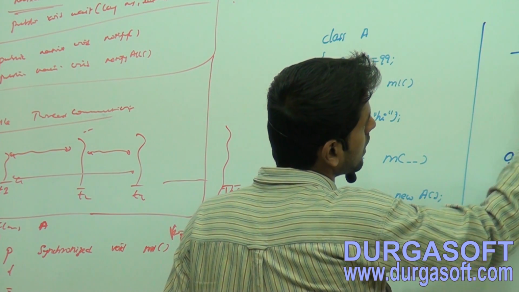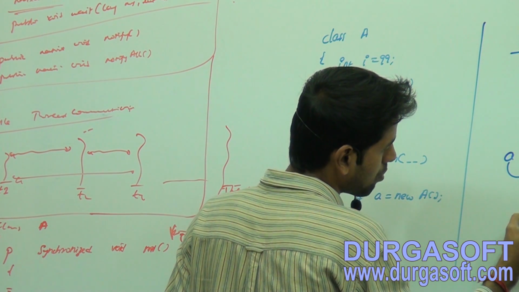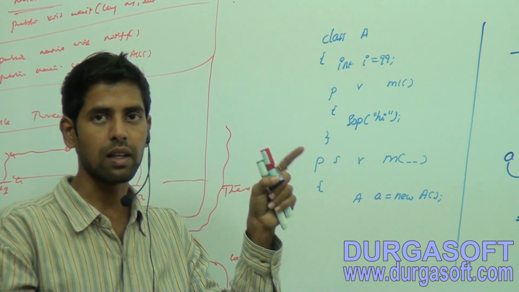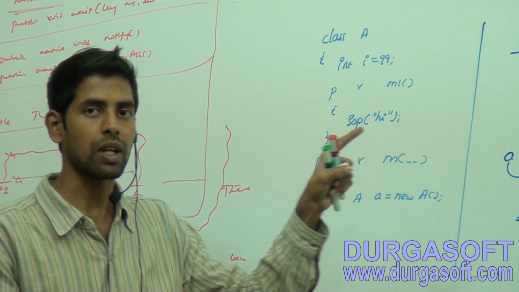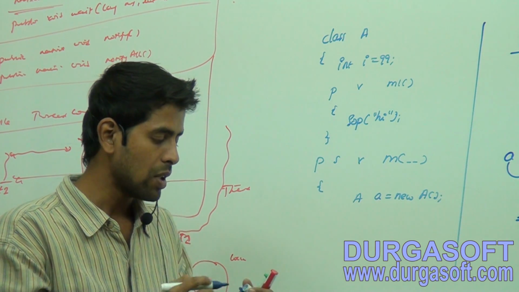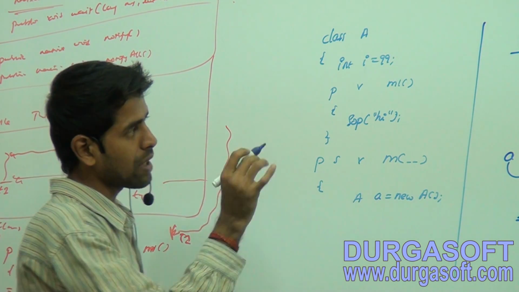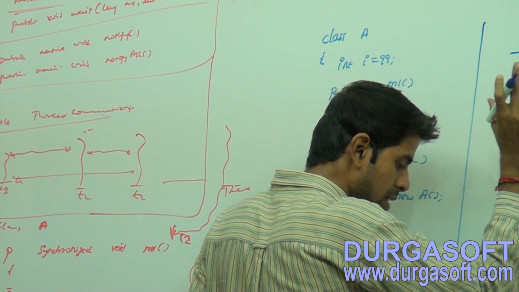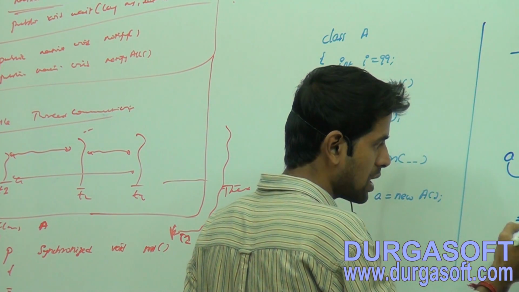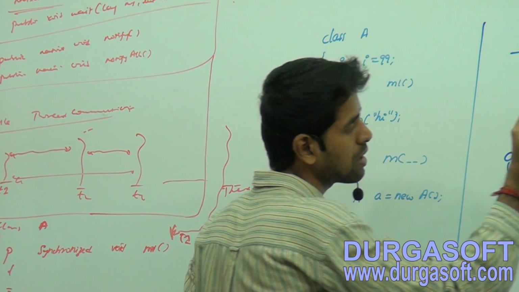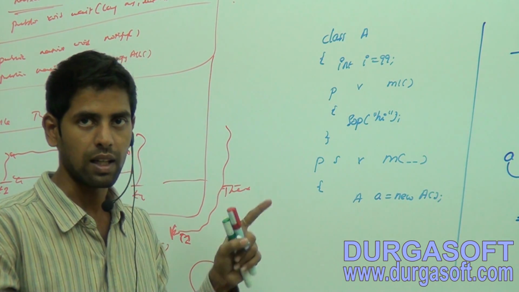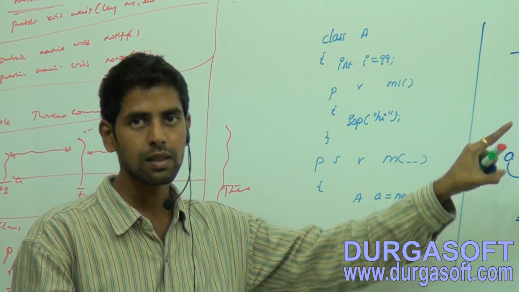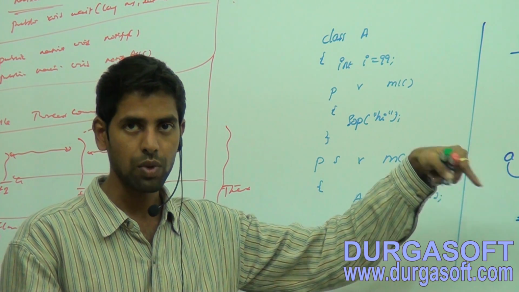Meaning, is the JVM internally going to perform any other thing to the object at runtime? If it is creating an object, one thing. Now let me tell you, there is something more than this. There is some more work done by the JVM at this part, which we are going to discuss.